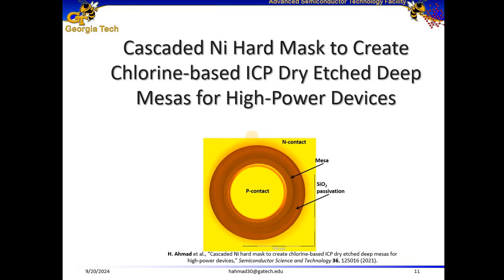So I fabricated gallium nitride high power pin diodes with I layer thicknesses of 1 micrometer, 2 micrometers, 5 micrometers, and 10 micrometers. And these are pretty thick devices, so I had to introduce a new fabrication method, and we are in the process of patenting that method as well.